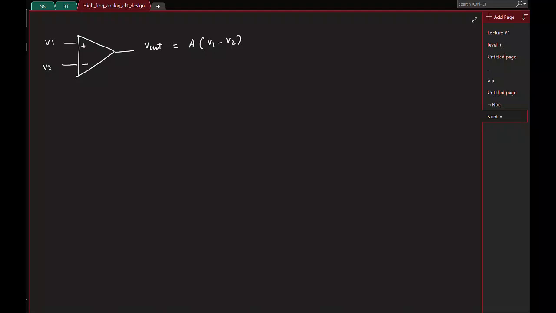So what kind of controlled source is this? It provides an output voltage, so it's a voltage source, and the voltage is in response to some voltage it senses. So it's basically a voltage controlled voltage source, right? If I were to model it, this is how it's going to look.